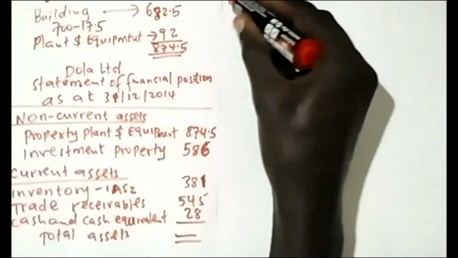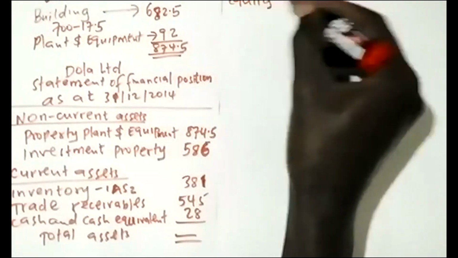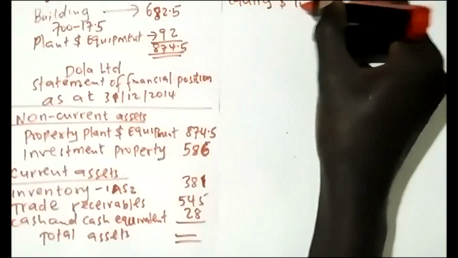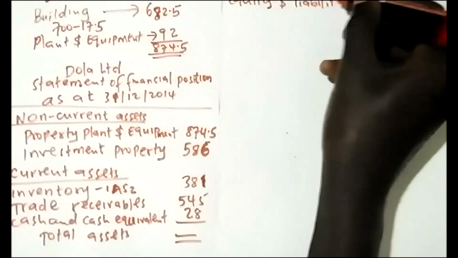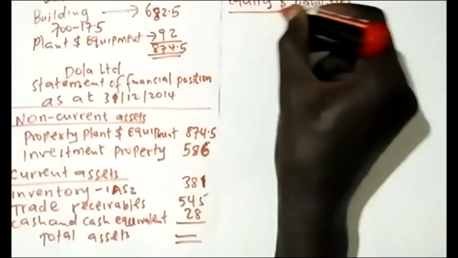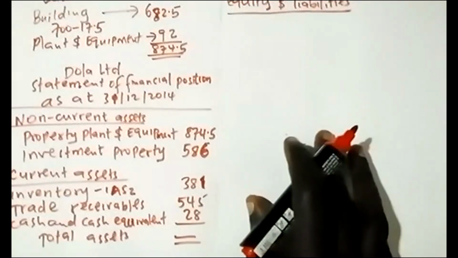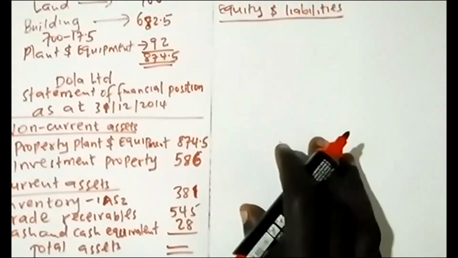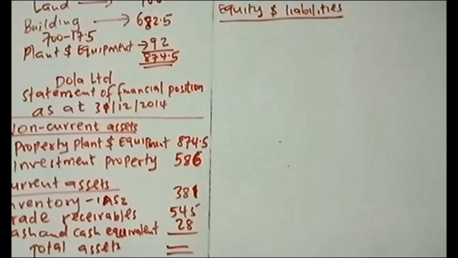So then we have equity and liabilities. For the equity, you copy from your statement of changes in equity. The balance is carried out. You just do a copy paste.